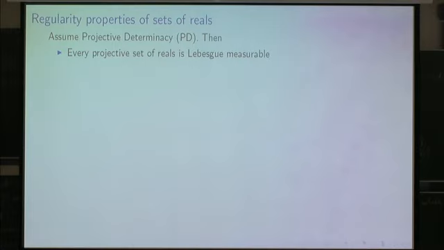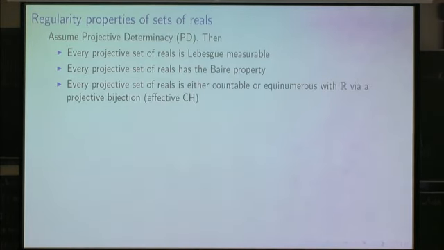So every projective set is Lebesgue measurable, and they have other regularity properties like the Baire property, or the effective continuum hypothesis, which says if a set of reals is uncountable, it must be equinumerous with the whole set of reals via a projective bijection, or it actually contains a perfect subset.